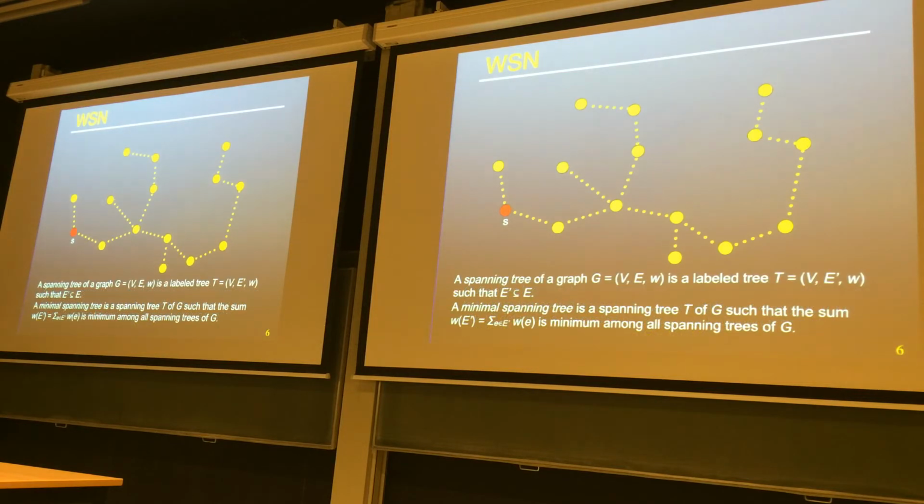In general, if we have an underlying graph here, where you have the nodes and a set of edges, in our case it is the set of all possible edges, then such a spanning tree is a tree that connects all the nodes, and a minimal spanning tree is, among those possible trees connecting all the nodes, the one that minimizes the total distance, or the total sum of labels of the edges.